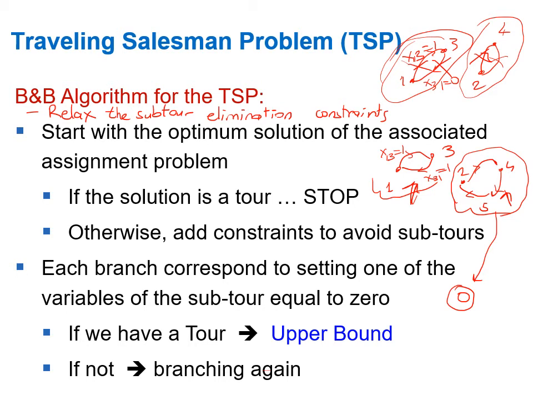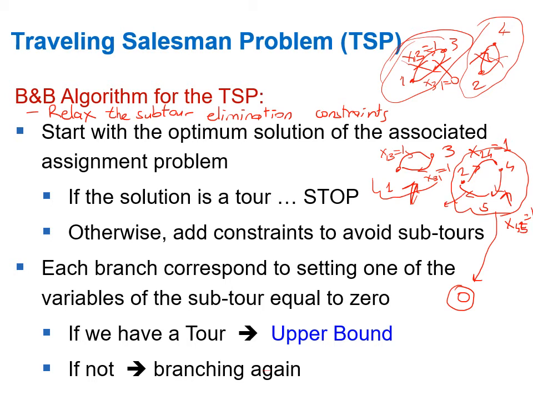Until now, we always branched into two. But be careful, we need to consider all alternatives here. So in order to eliminate this one, look, what do we have? We have x24 equal to 1, so we are switching from 2 to 4. We have x45 equal to 1, we are switching from 4 to 5.